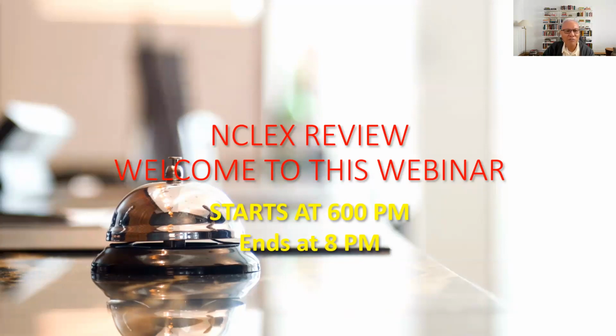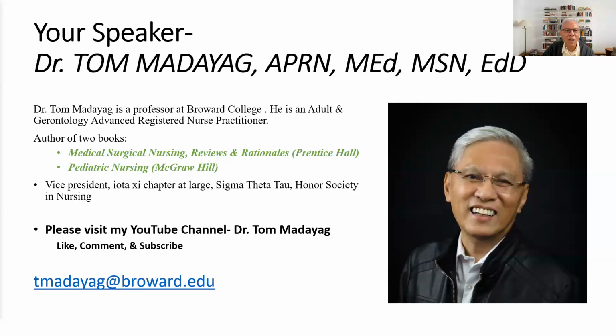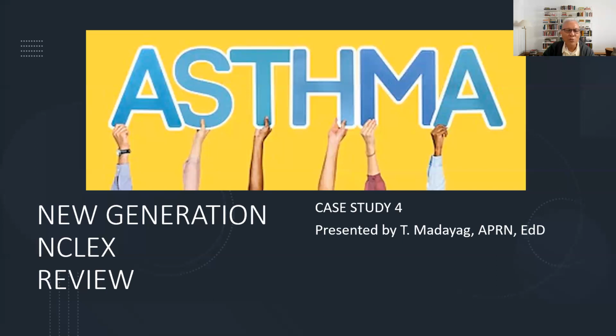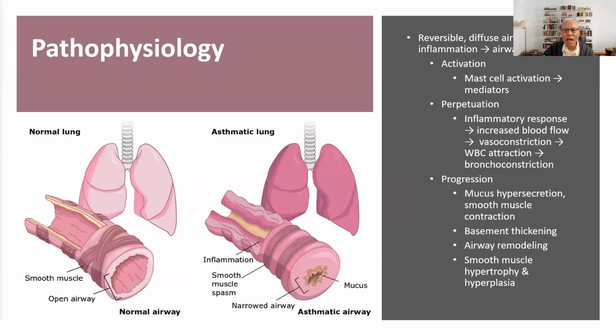Our case study for today is going to be on asthma. And as we know, asthma is a big problem, and most likely a lot of questions will come out in the NCLEX pertaining to this condition. So what is asthma? Asthma is an acute and fully reversible inflammation, oftentimes following exposure to an environmental trigger.